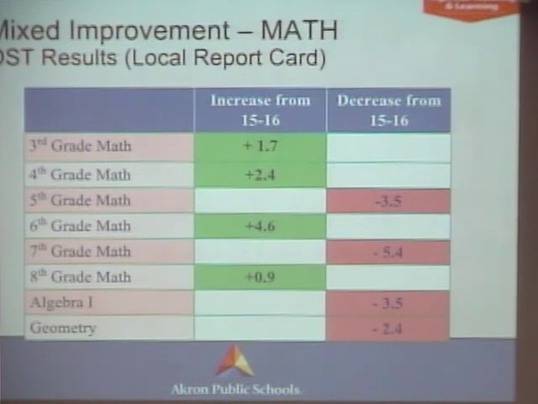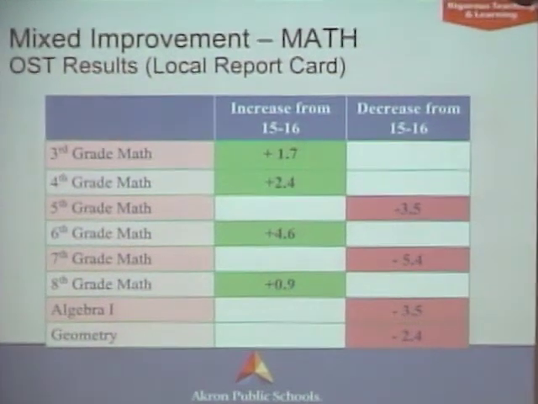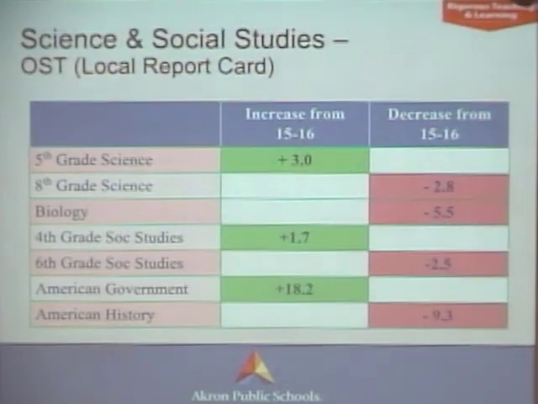It'll be combined. And then finally, for science and social studies, the increases, American government had a large increase. Didn't we change how we give that class as well? Isn't that why? Right.